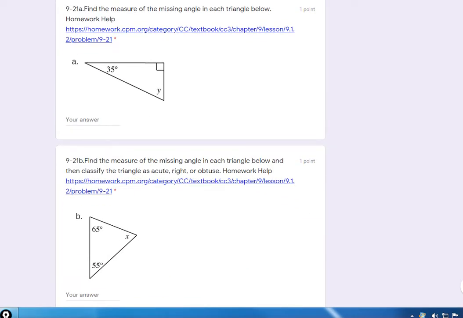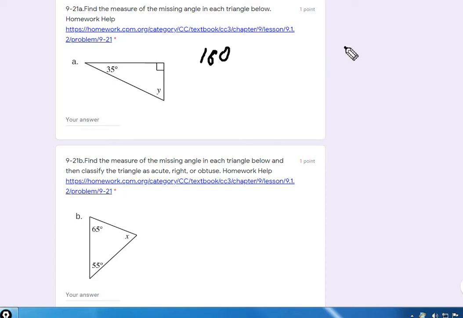Okay, it says find the measure of the missing angles in each triangle below. So we know that we have 35, and this is 90 because it's a right angle, and we have a missing angle. So we know that they have to add up to 180 degrees.